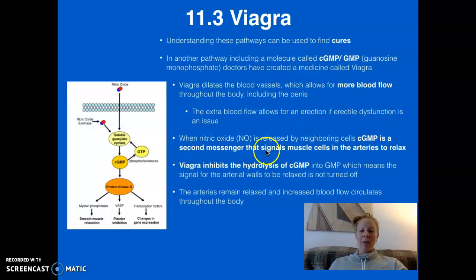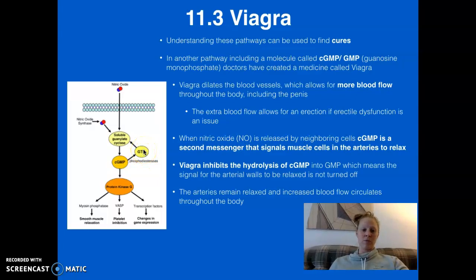And so what Viagra does is it allows this cyclic GMP to stay on. It inhibits the hydrolysis of the cyclic GMP to, we have in our book it says GMP, which is guanosine monophosphate. In this image here it says triphosphate. So it jumped a couple of steps.